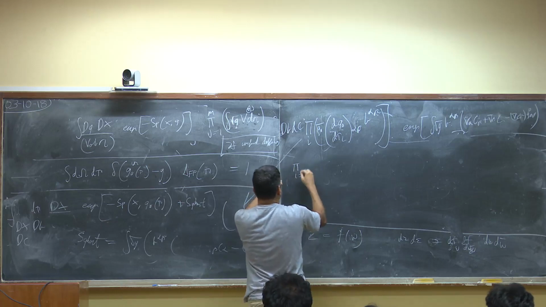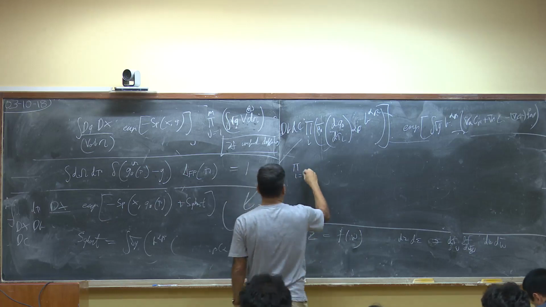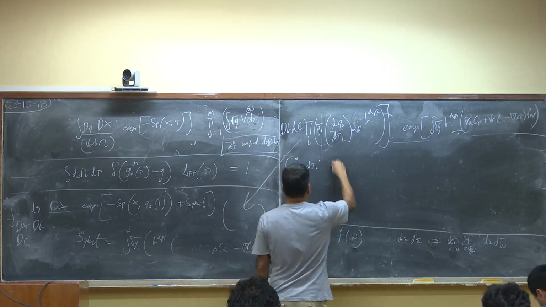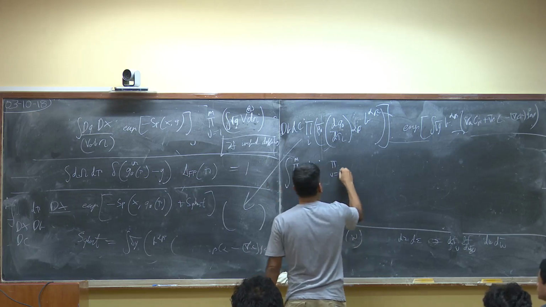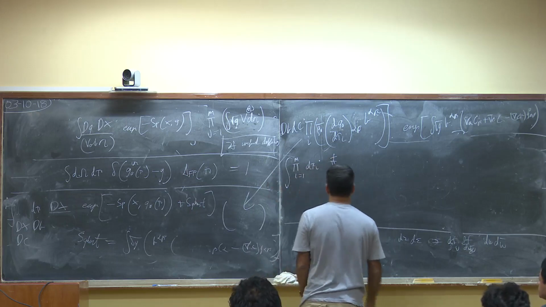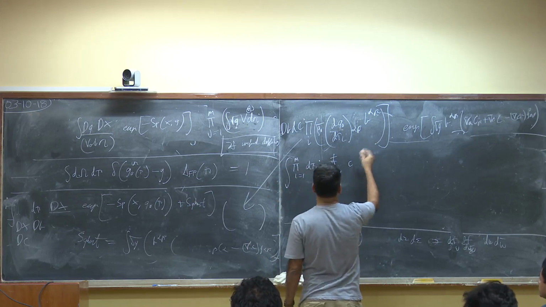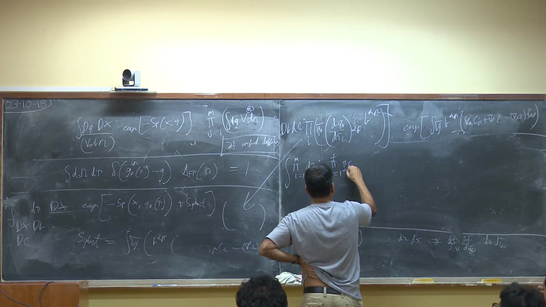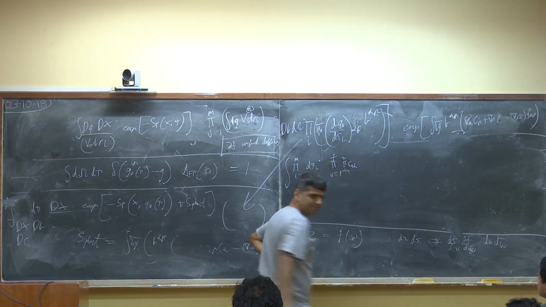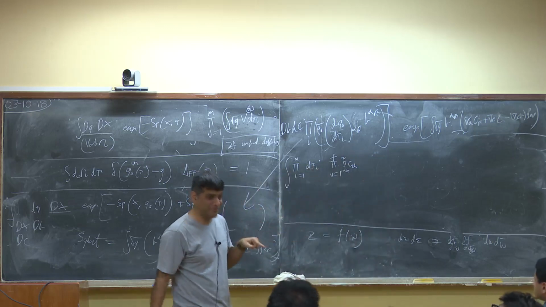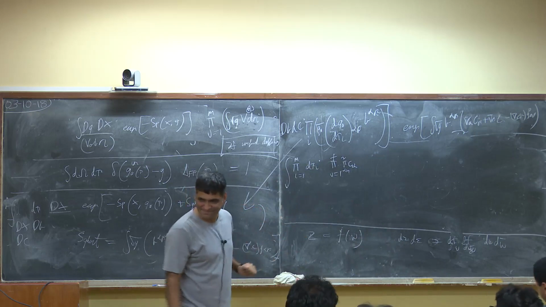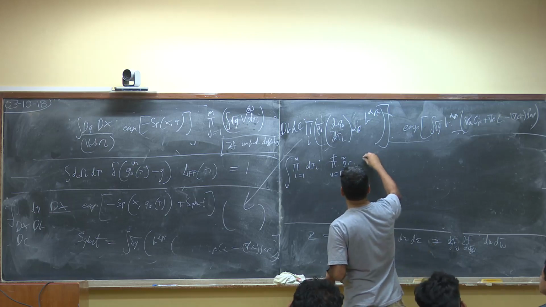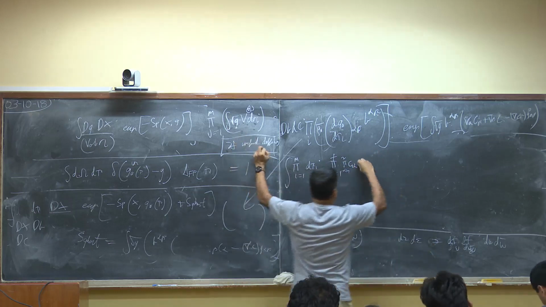Product I equal to 1 to m d tau I. Product j equal to 1 to f, and then product alpha equal to 1 to 2, C alpha, because there was over x and over y.